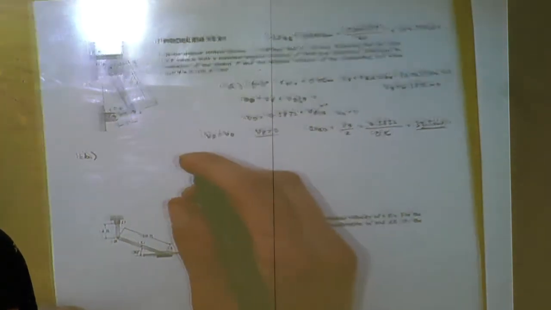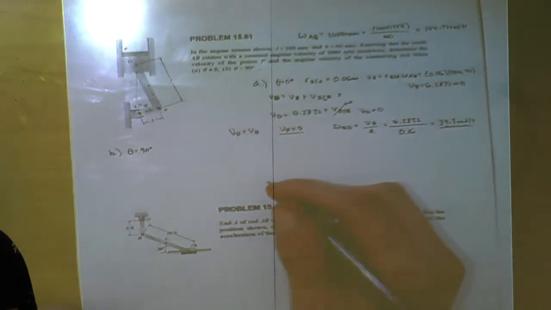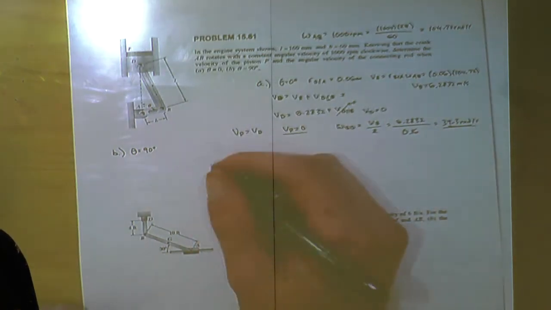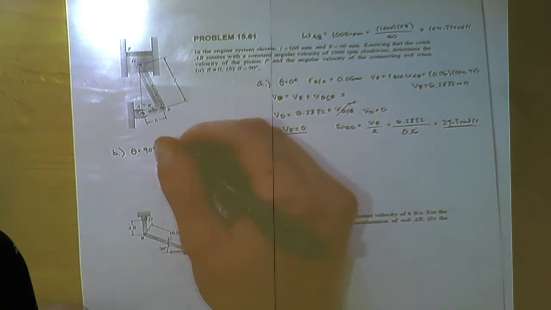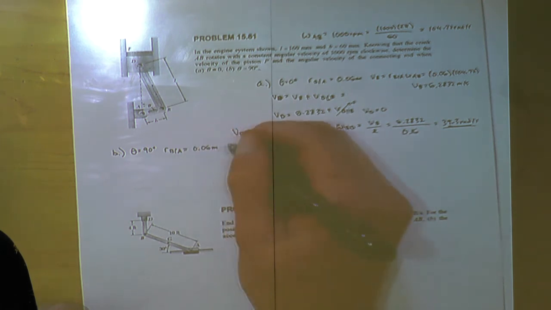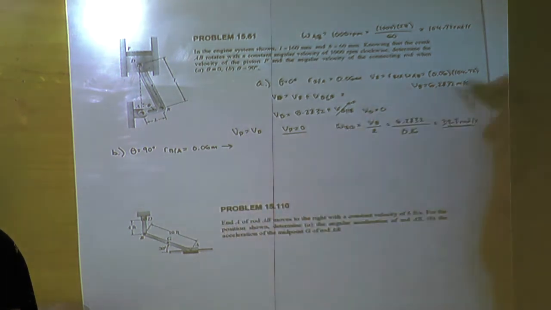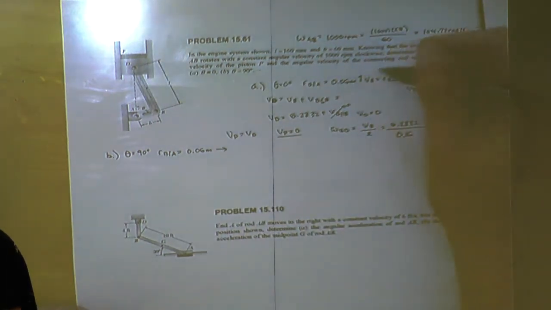So for part B, do the same thing, but at 90 degrees. So we have B to A is still 0.06 meters, but it's straight out to the right instead of up top, which here it was up top.